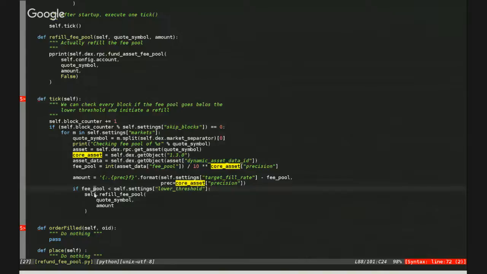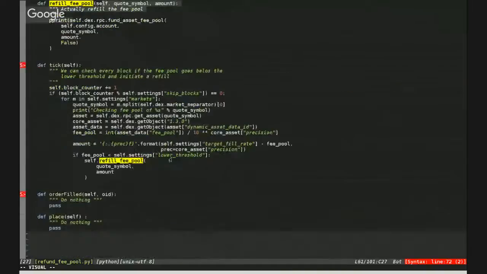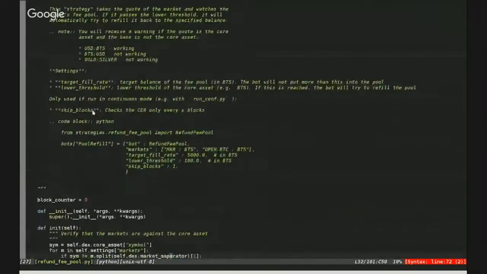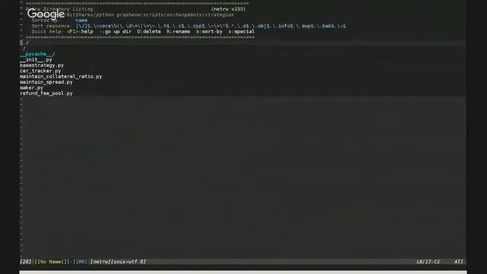And well, if the fee pool is below the lower threshold, then fill fee pool. And fill fee pool is a call in the CLI wallet that states self.dex.rpc.fund_asset_fee_pool. It's pretty easy. So I think this is the easiest strategy you can actually build that has some value.